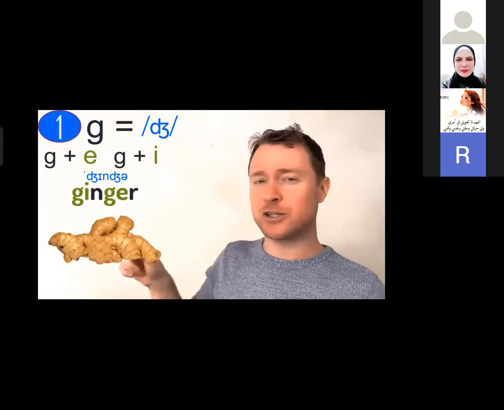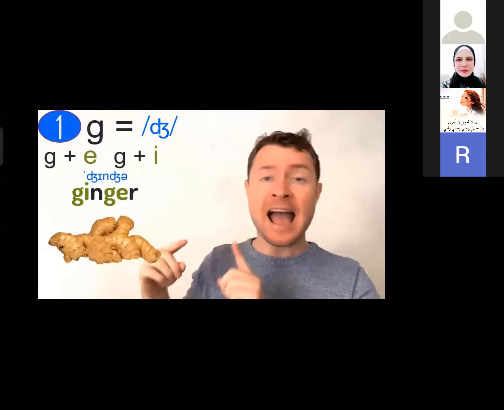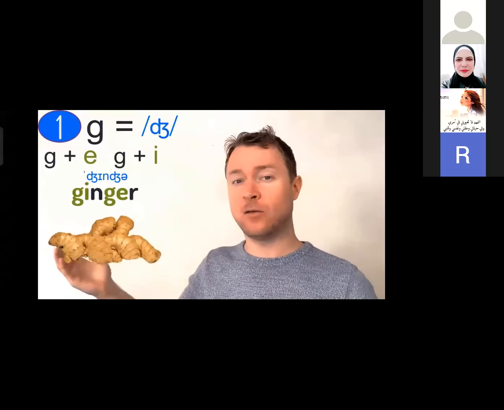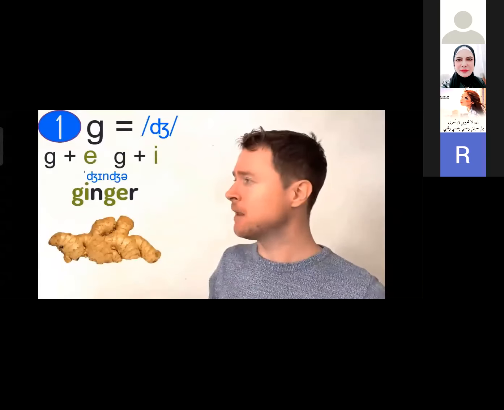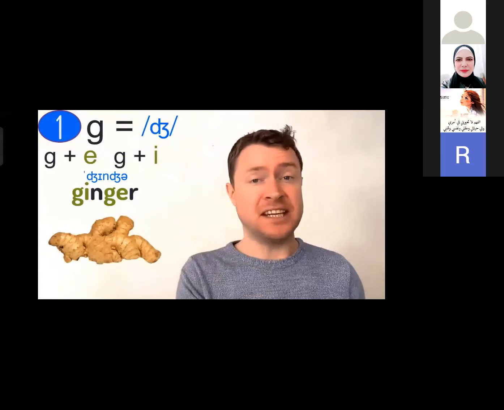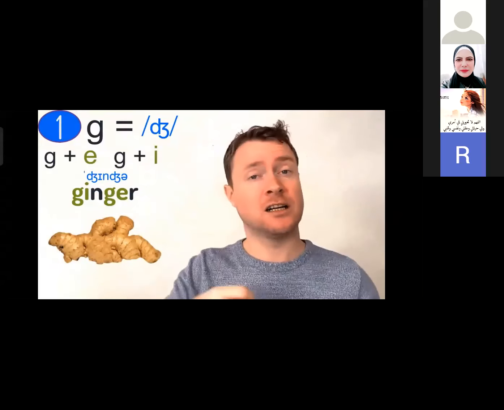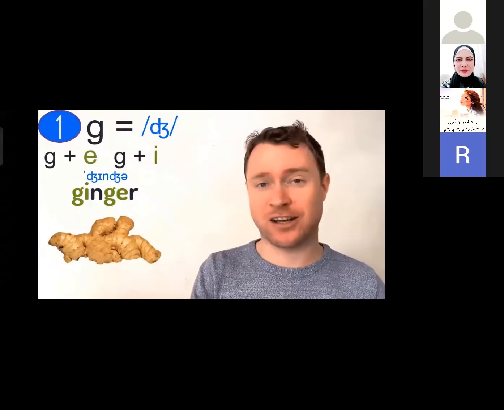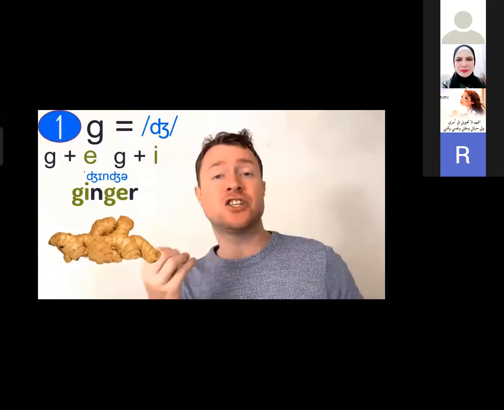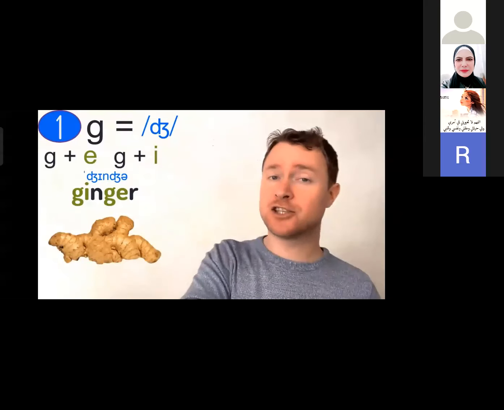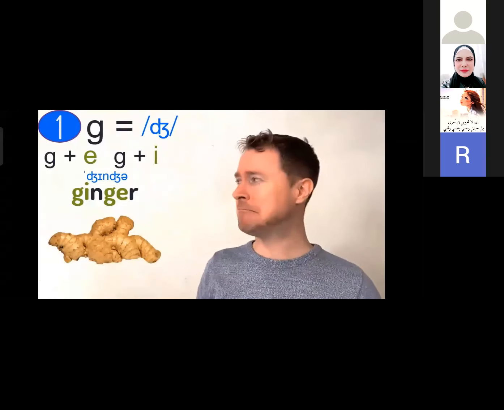So, you might notice that in the word ginger, you have G and I and G and E. And the pronunciations follow the rules in this lesson. G and I, gin, and then G-E-R, ginger. Okay, in my British pronunciation, we pronounce this ginger.